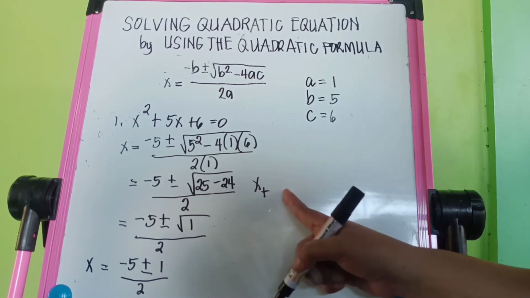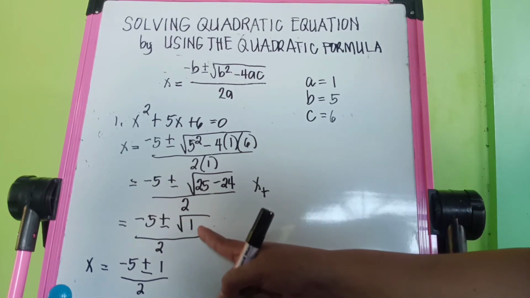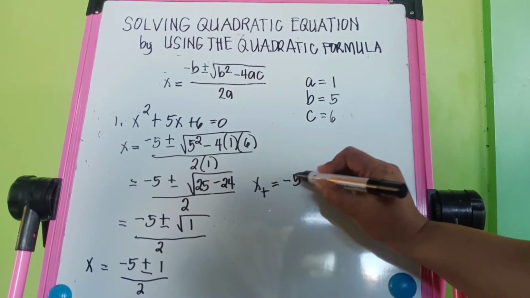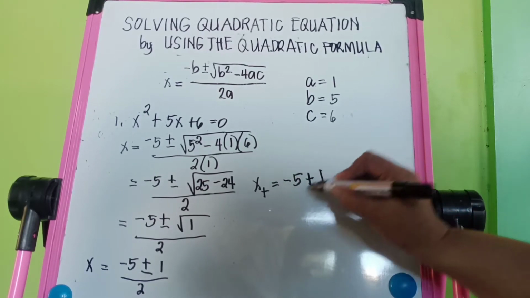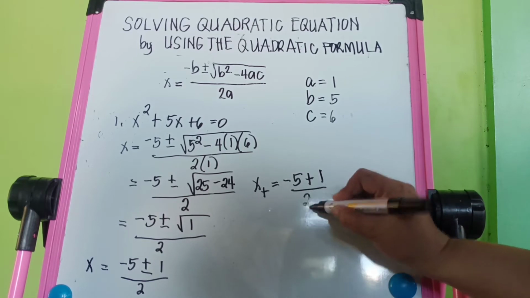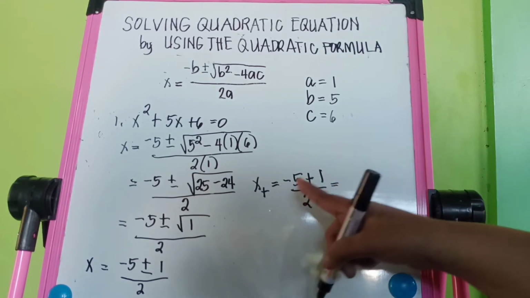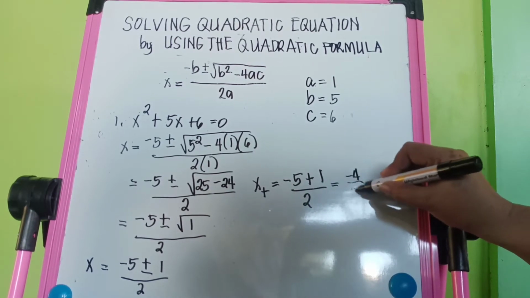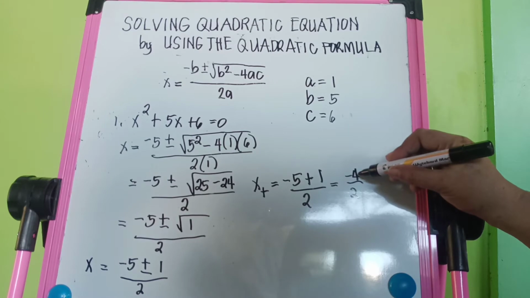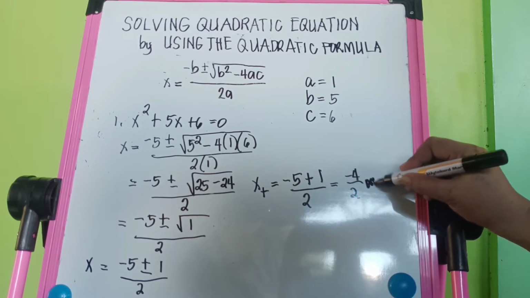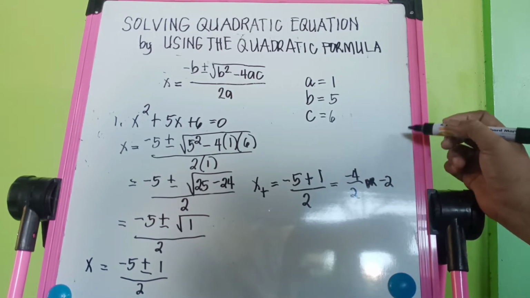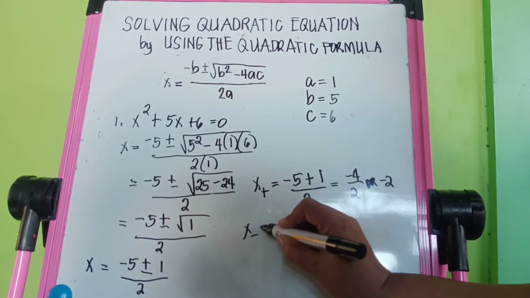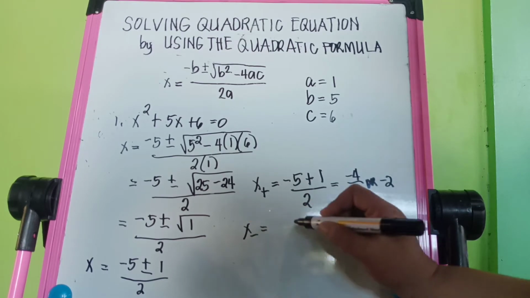Okay, so now let's solve for x positive. Ibig sabihin, we will use the positive square root of 1. So, equal to negative 5 plus 1 over 2. So, this is negative 5 plus 1 is negative 4 over 2. Negative 4 over 2 or what? It is negative 2. Okay. Second, x negative. Negative square root of 1. Okay.